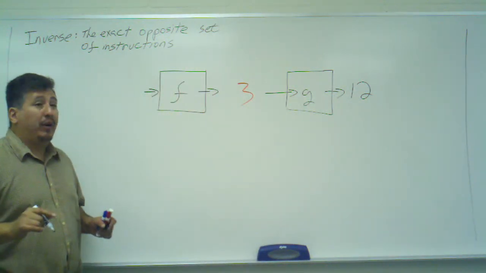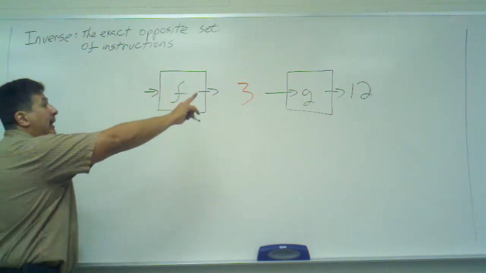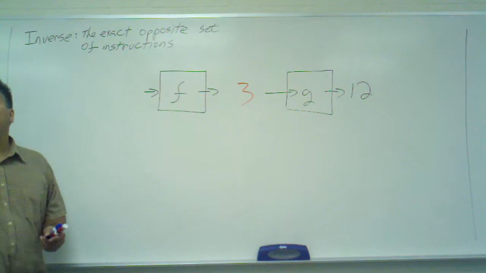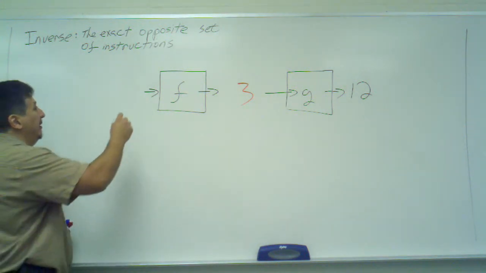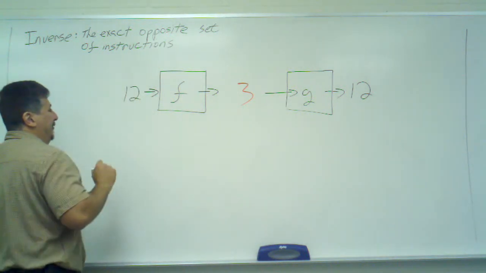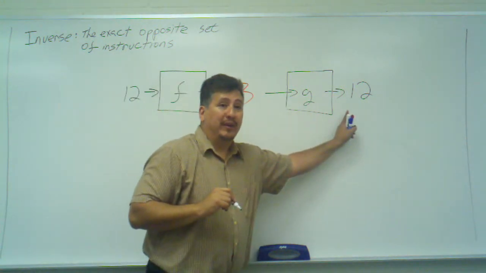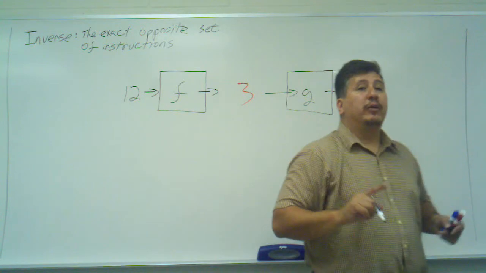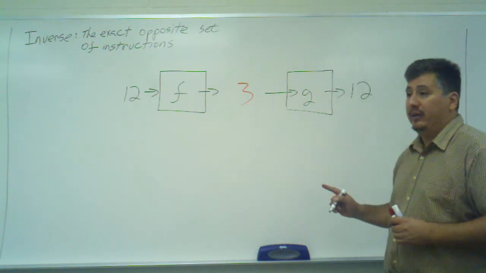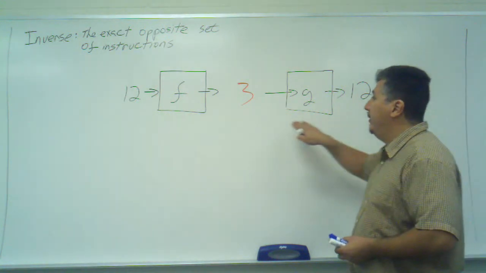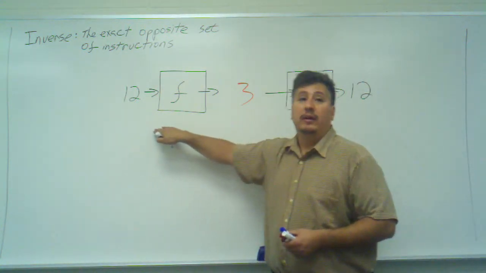If I take that output and I plug it into F, what should come out of that? I plug 12 into F. It should undo whatever this one did. So it shouldn't matter whether I start. Once I do one set of operations, the inverse is going to undo it.